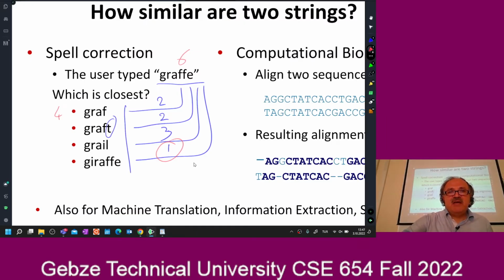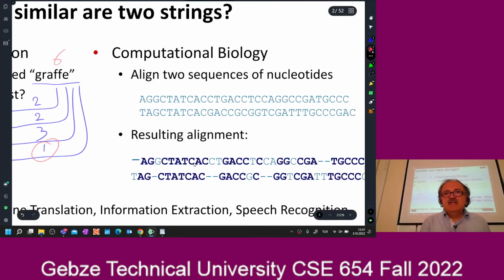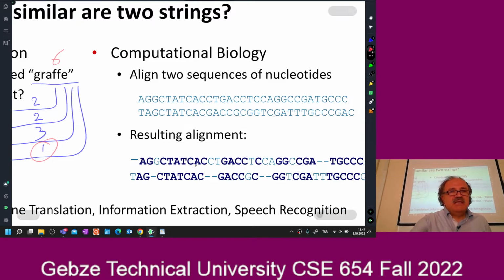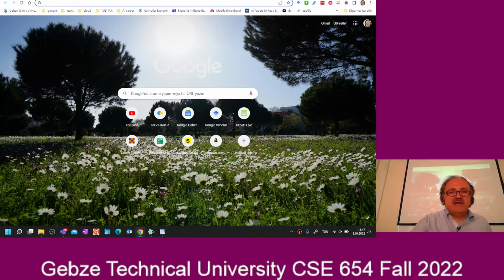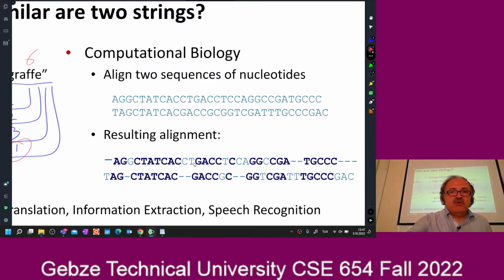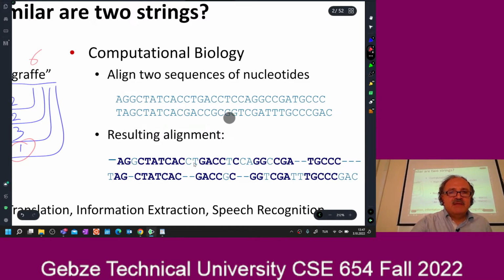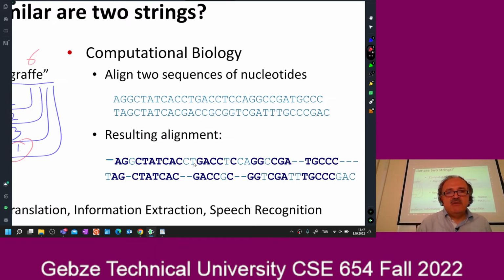Another case where we are using this edit distance is computational biology. People there love this a lot. They say that given 2 DNA sequences of 2 different samples, I don't know, sample 1 is from a control subject, and sample 2 is something that I took right now, and I'd like to register these 2 sequences together.